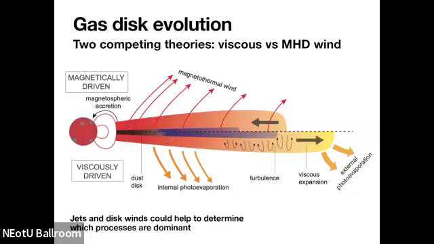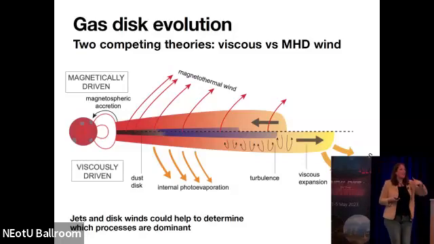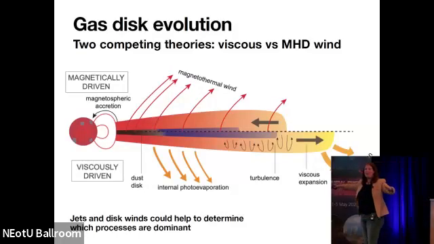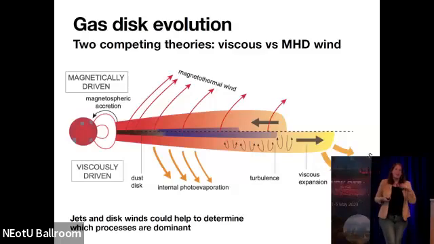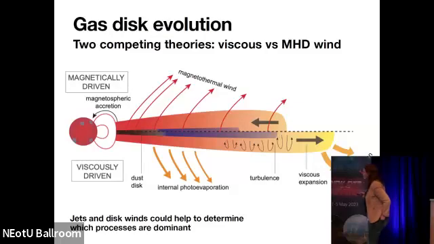There is the classical viscous disk model, which is shown here at the bottom. And this essentially relies on the concept that turbulence drives the accretion onto the star, but that also leads to expansion of the disk and eventually clearing by photoevaporation, due to radiation of the star, that then clears the disk from the inside out.